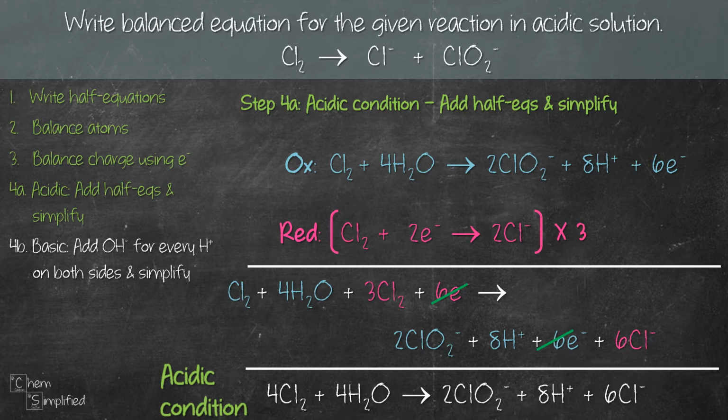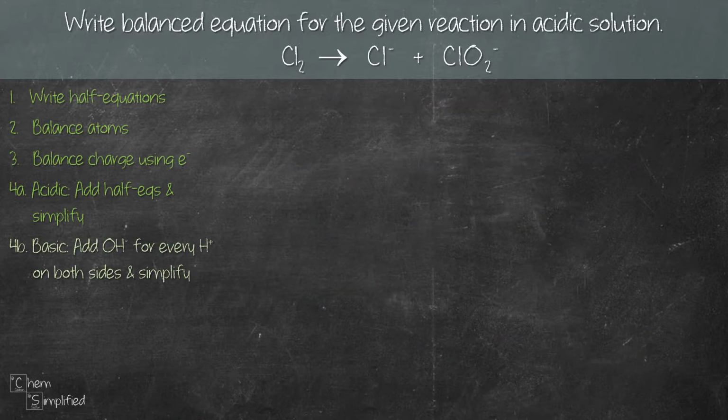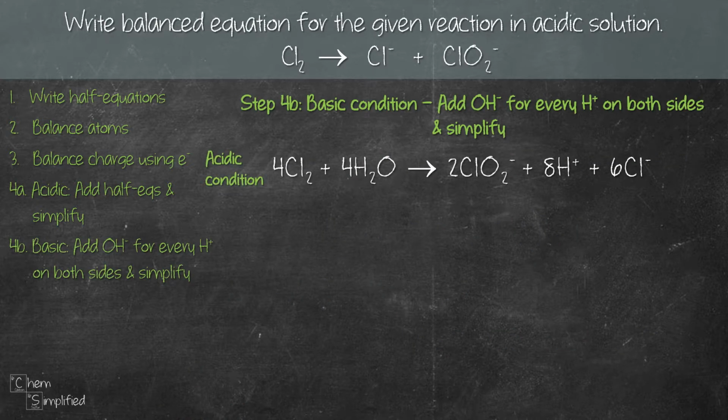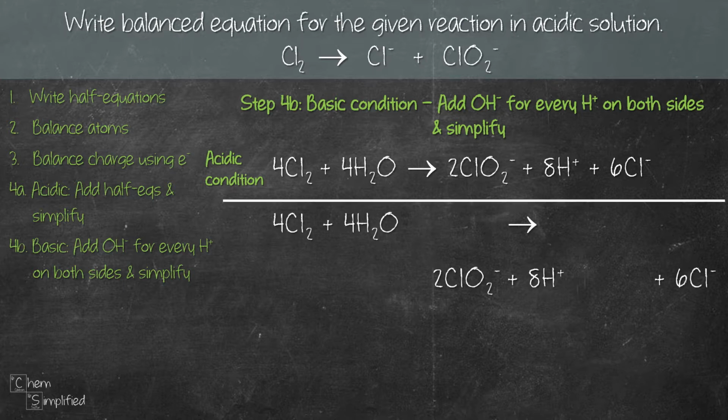Just in case you're looking for a basic condition, we'll add one more mini step, and that is to add OH minus on both sides of the equation for every H plus that we see. So from our acidic condition, we have 8H+. So that means we're going to add 8OH- on both sides of the equation like this. On the right hand side, that 8H+ and 8OH- is going to combine to give us 8H2O.